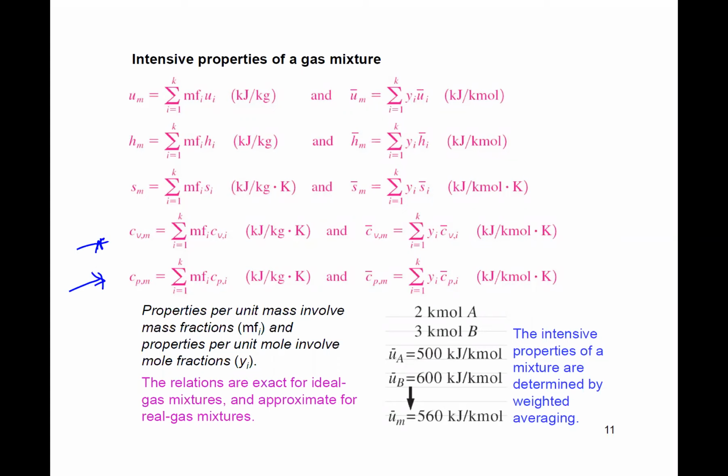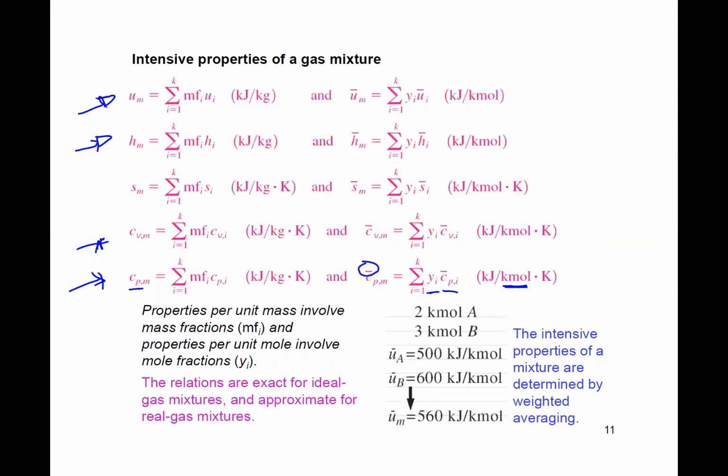Or we could use enthalpy or internal energy, right? If we wanted to do that, the other big thing is if your property has the bar over the top, that's per mole, or per kilomole. So if it's per kilomole, you're going to be using the mole fraction of each component times that component's property.